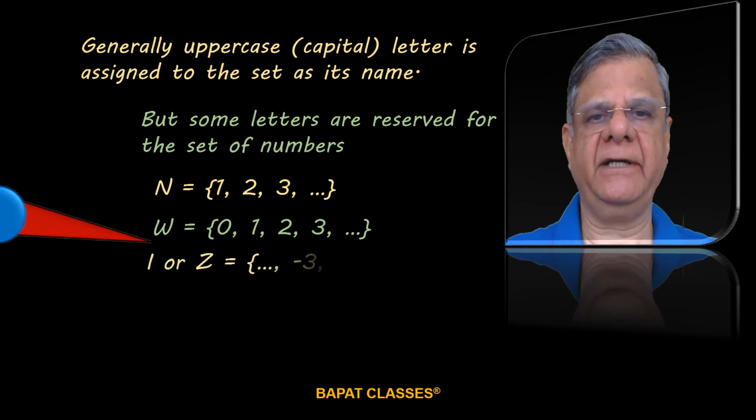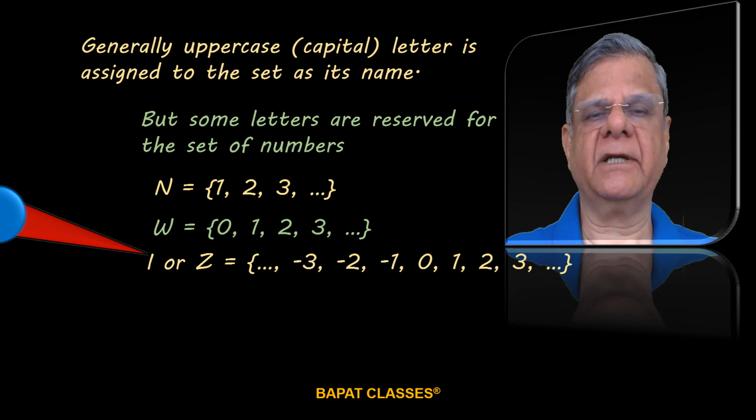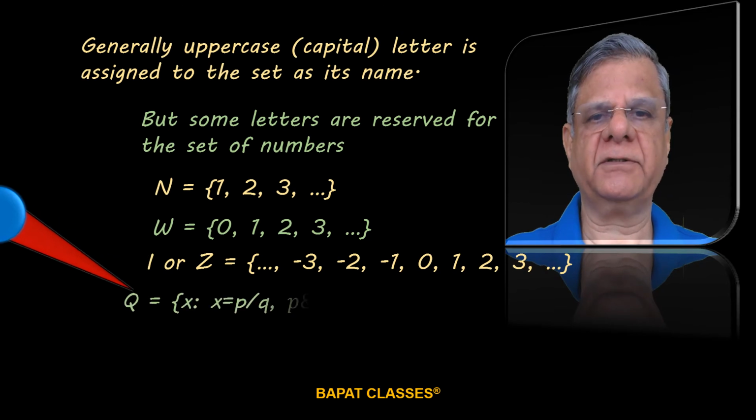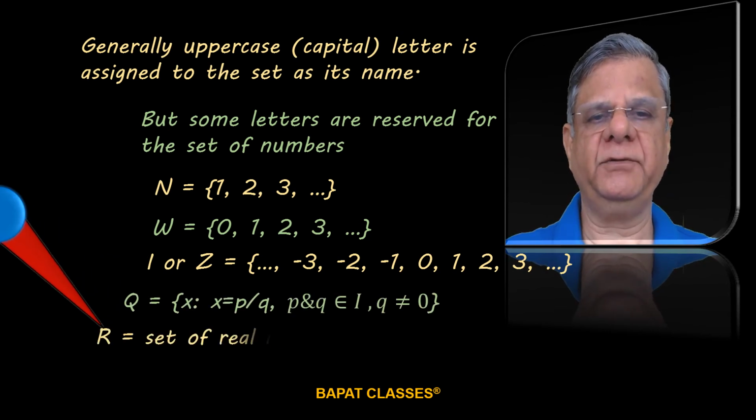I or Z letters are used for integers. Q letter is used for the set of rational numbers, and R letter is used for the set of real numbers. So please don't use N, W, I or Z, Q and R for any other sets. These letters are reserved for sets of numbers.